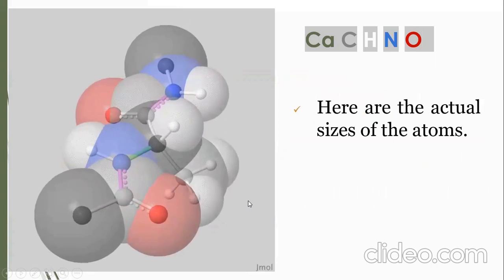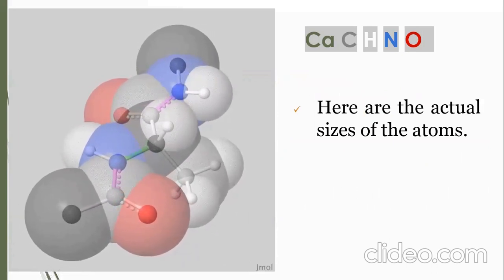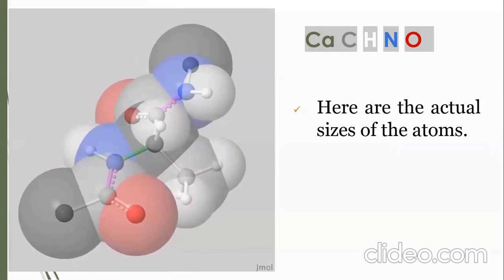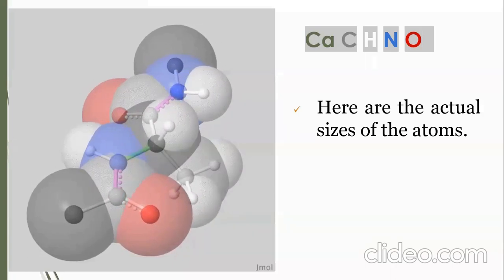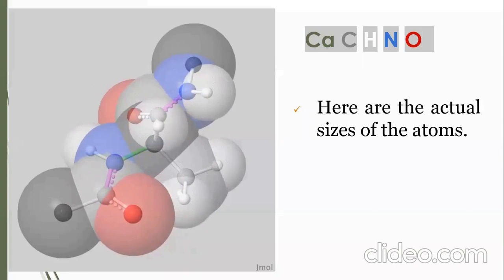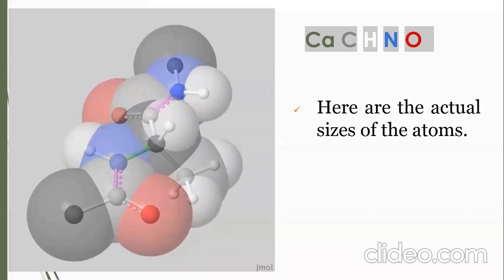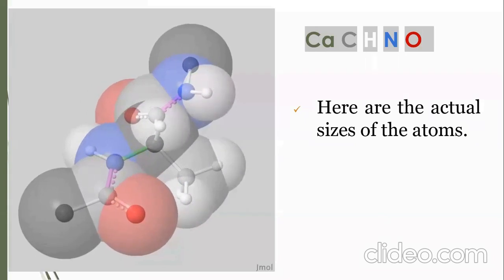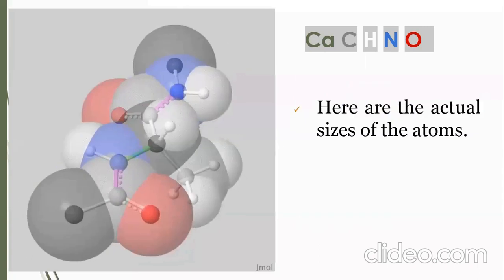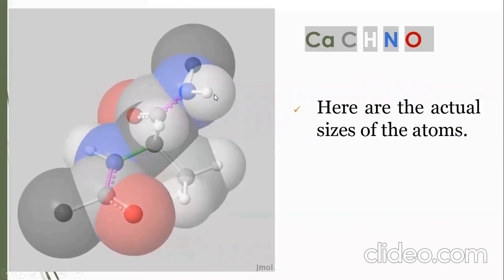So if you can see, this is the actual size of these atoms. In this diagram, you will observe that less movement is possible than what we described previously. So there is less flexibility in this diagram, because the size of these atoms is much larger.